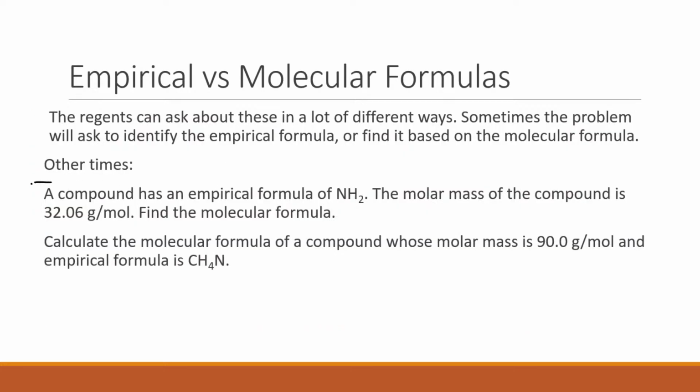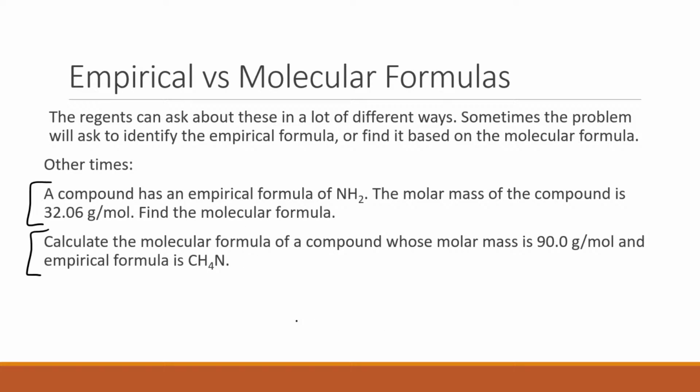Right here, we have two problems. They both give us the same bit of information. They both give us an empirical formula and the molar mass of the full compound, and they want us to find the molecular formula. Now, the relationship between these things is the inverse of what it would be to go from molecular to empirical.